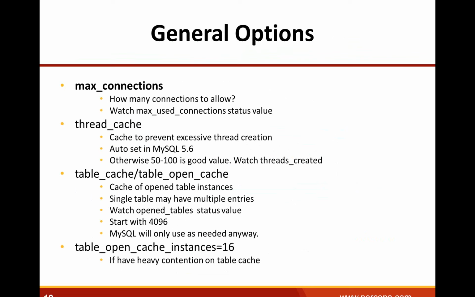How do you know what max connections value is good enough for you? Well, you can watch the Max_used_connections status variable, and it will tell you the maximum number of connections which was ever used. Now, a typical mistake I see here is people see, oh, I have reached my max used connections, let me beef up max connections.